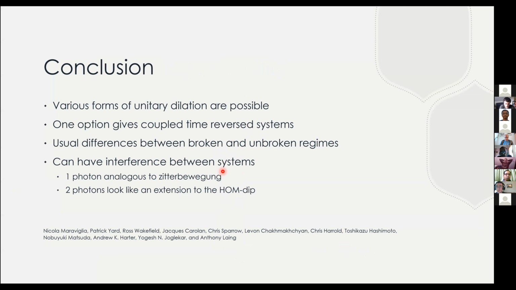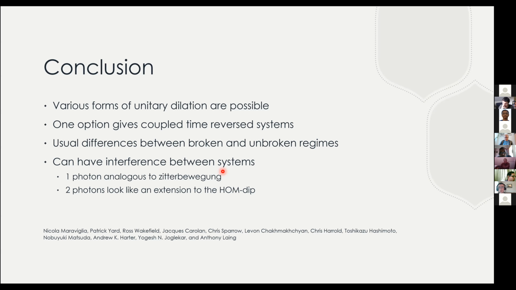So to conclude, different forms of unitary dilation are possible. One option of these, the one that we picked, gives coupled time-reversed systems, although you can pick others which are just coupled systems evolving in the same direction in time, or completely different options. And we get from this the usual differences between PT broken and PT unbroken regimes, and the exceptional point for a normalized system.